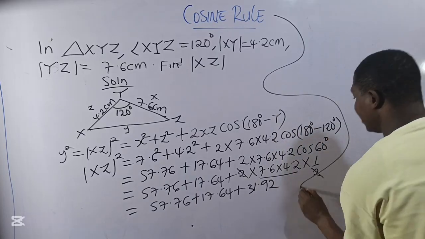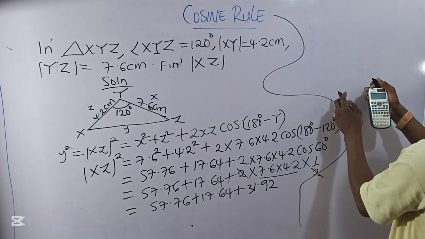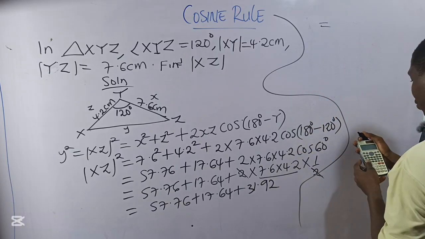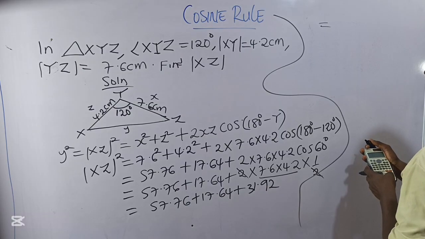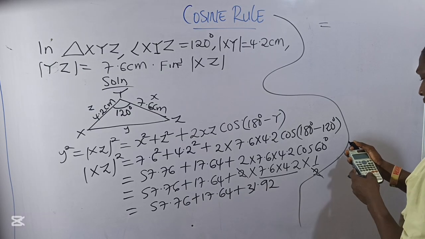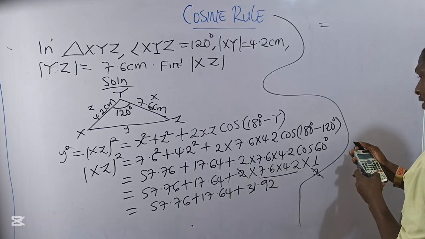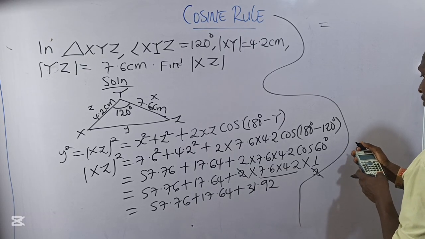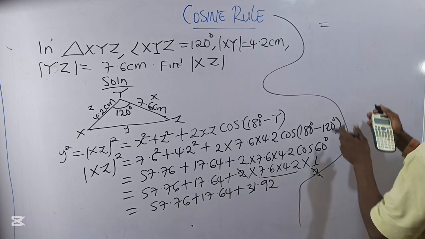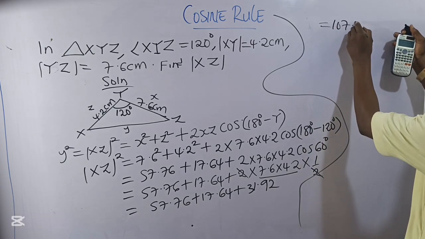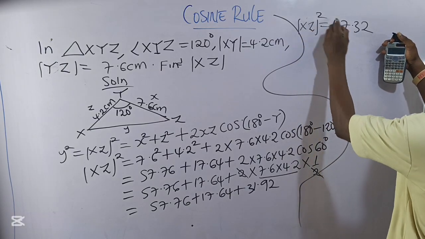So coming over to this side, I have my 31.92 plus 57.76 plus 17.64 plus 31.92 to give me 107.312. And I have my SZ in bracket square here.